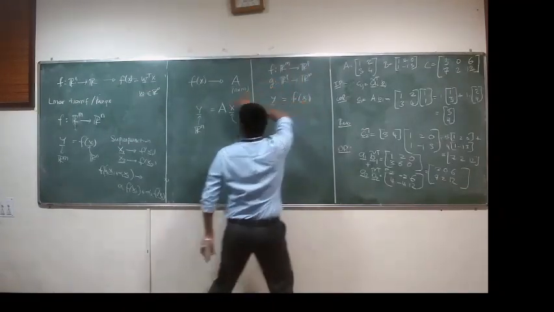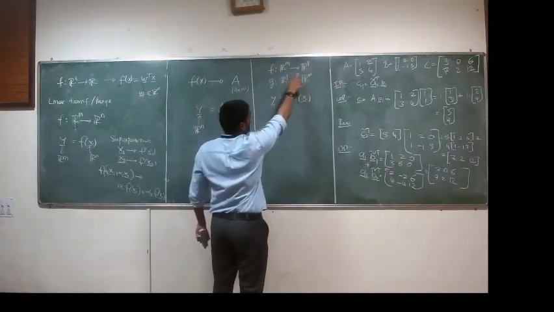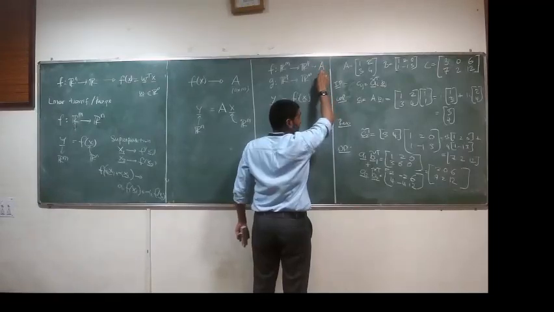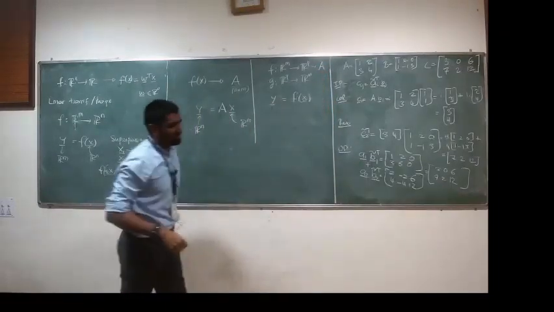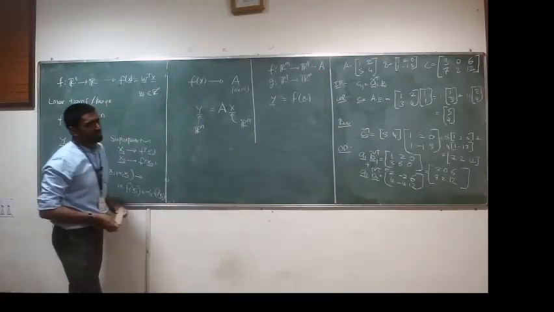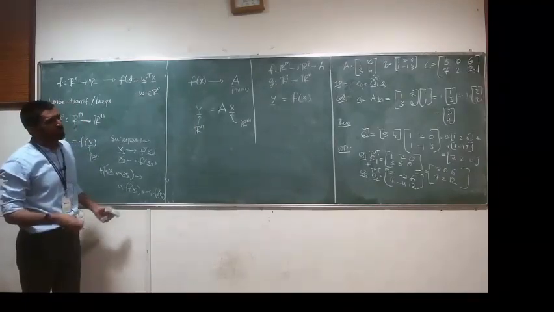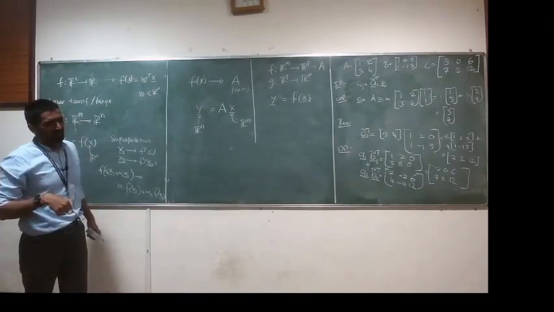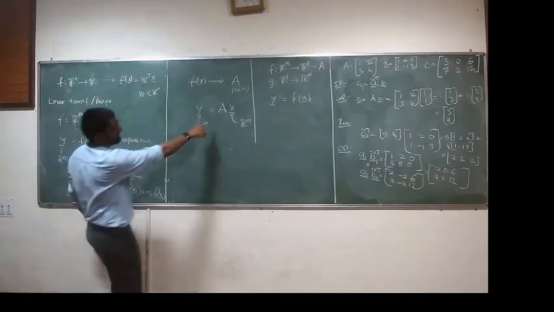Now, because of this fact, this linear transformation, let's say it's represented by a matrix A. What will be the size of that matrix? Will it be n cross p or p cross n? Let's look at this.